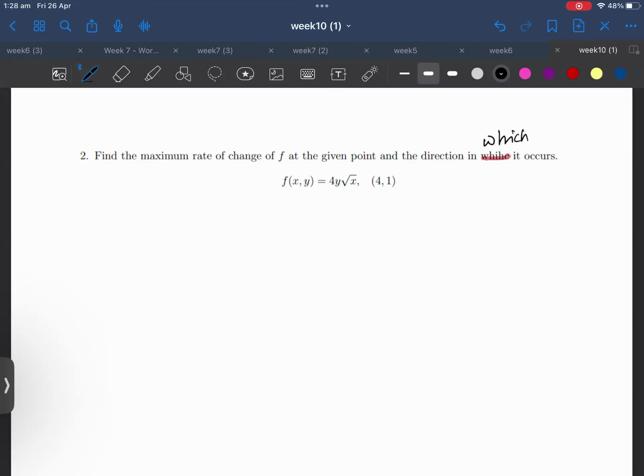So the maximum rate of change at (a, b), let's write down, maximum rate of change at (a, b) is the norm of nabla f(a, b).